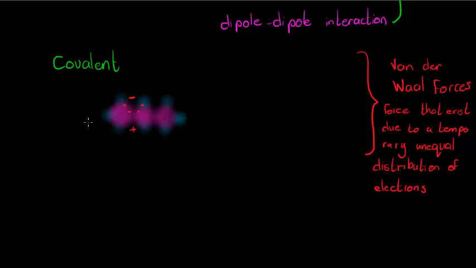The one that is specifically involved here is called London forces. I'm sure there's a reason, I don't know why it's called London forces, but the unequal distribution of electrons at a certain moment of time, because there is a clump of electrons at a certain point, that's called London forces.